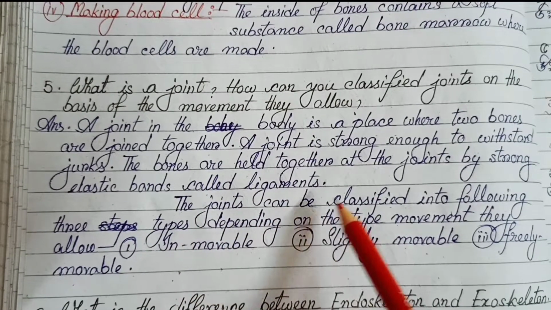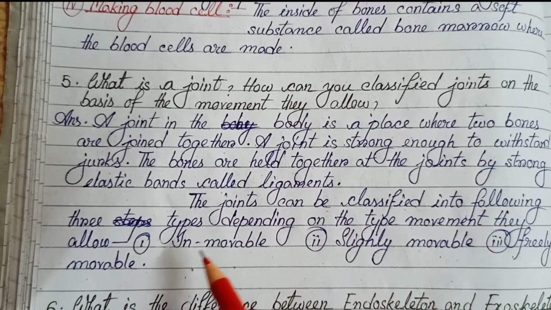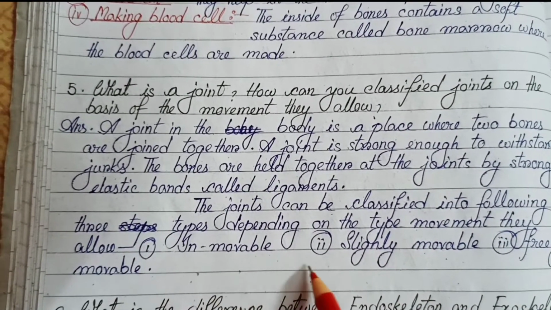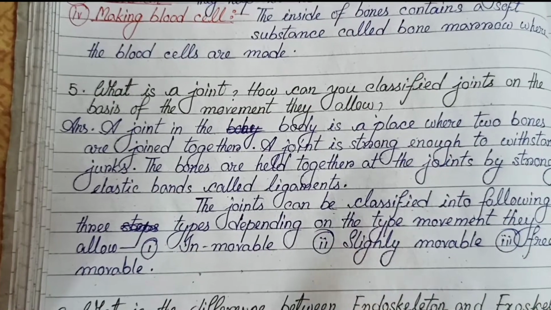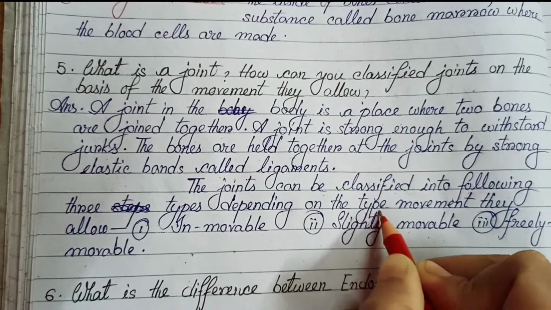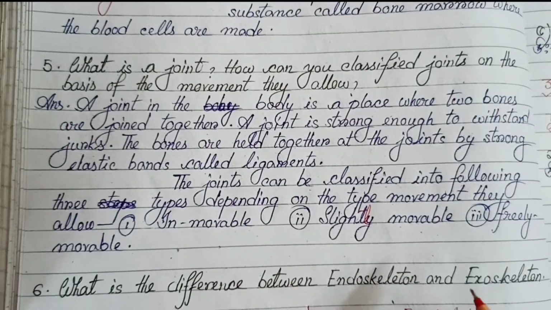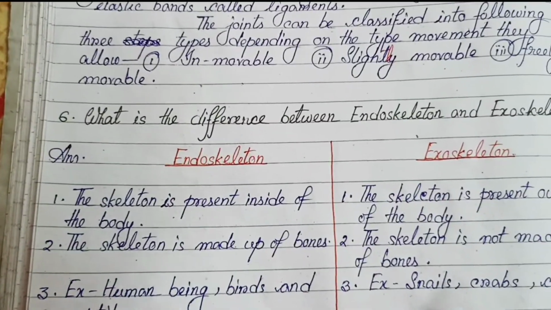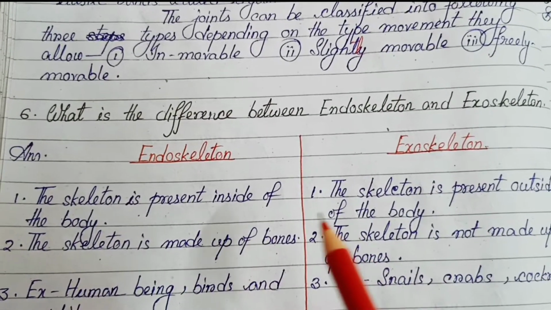The joints can be classified into the following three types depending on the type of movement they allow: immovable, slightly movable, freely movable.